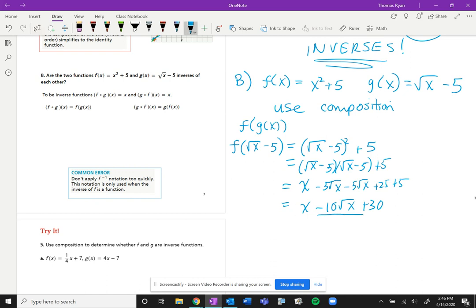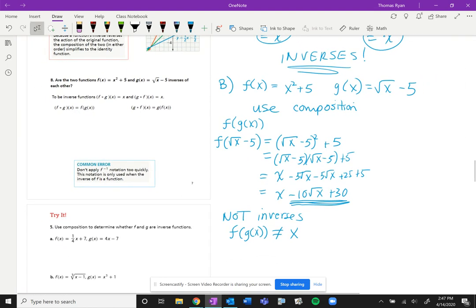So this automatically fails. So these are not inverses because one of the compositions did not equal x. So we don't even need to test the other direction, g of f, because they have to both be true.